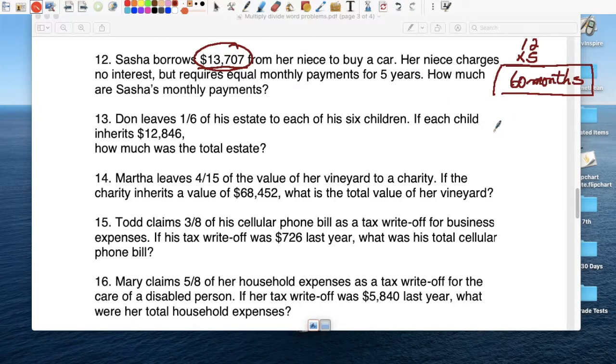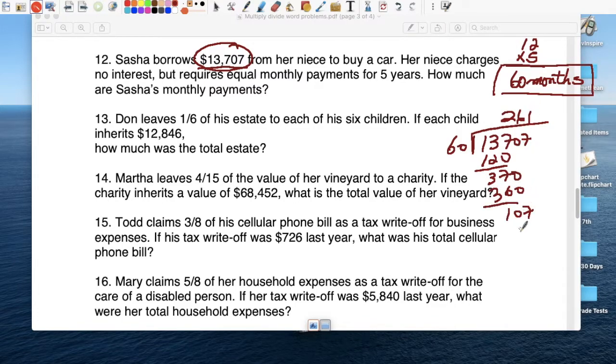Again, it's just a simple division problem. I'll just do it. So that would be 2, 120, 37, 3, 6, 360, 0, 261, 60 again. How much do we have left over here? 47. Let me add a 0. Add a decimal. That's a 6, by the way.